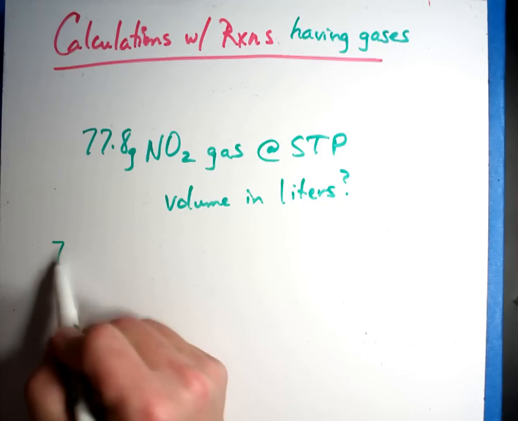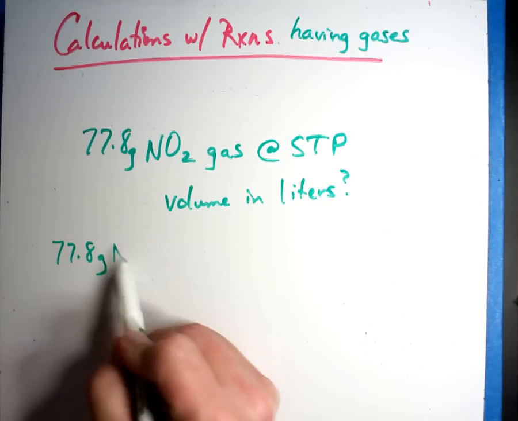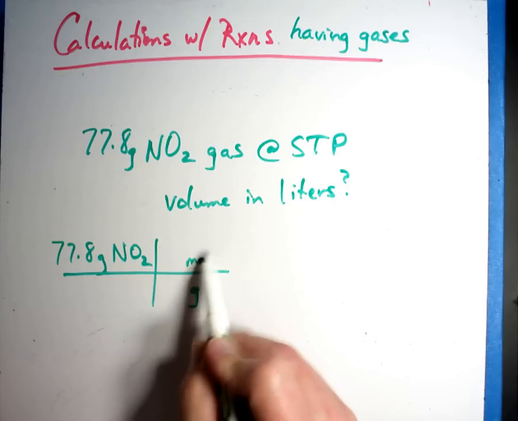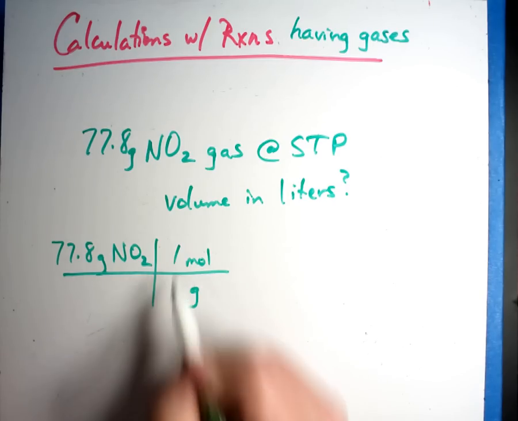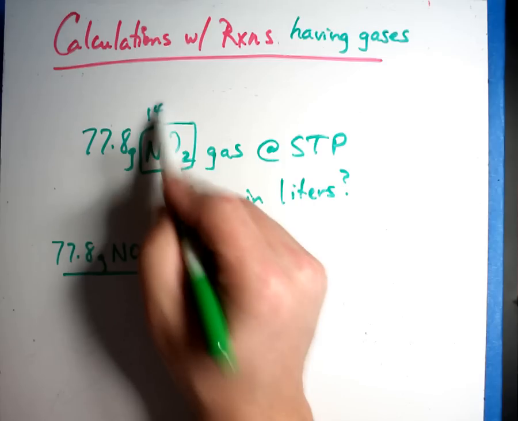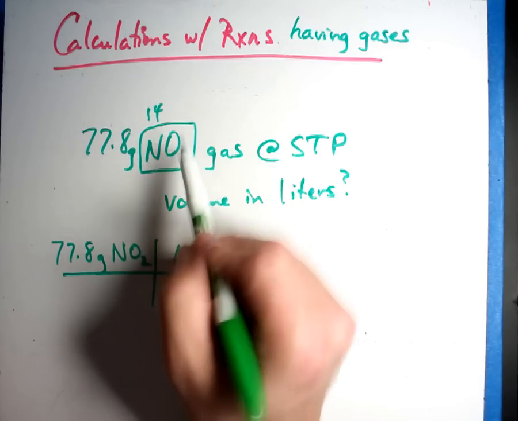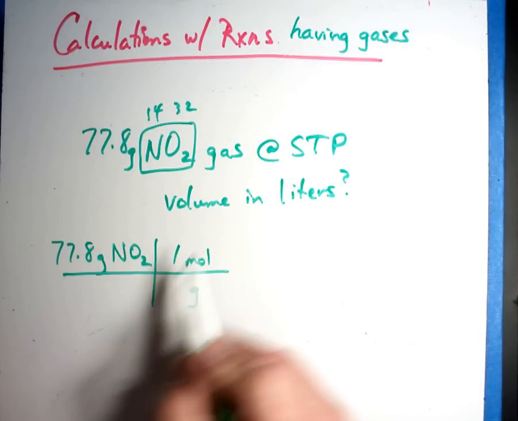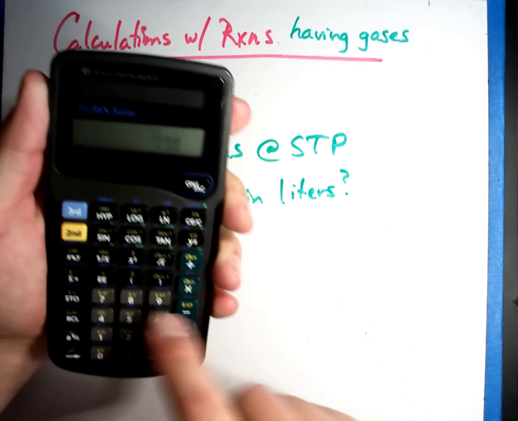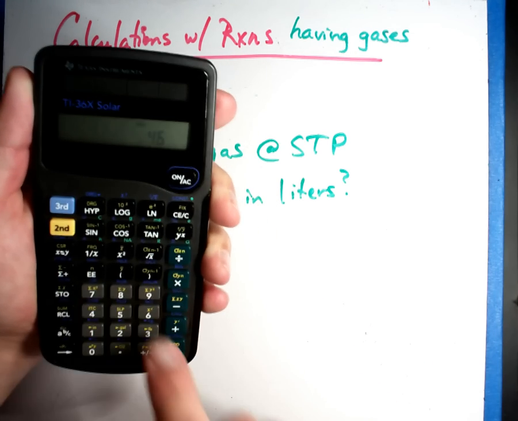Alright, if you had 77.8 grams of NO2, railroad track, grams, the only thing you can take grams to is moles. 1 mole is grams, that comes from the chart. Nitrogen is 14, oxygen is 16 times 2 is 32, grand total 46. So I'm going to take 77.8 divided by 46.